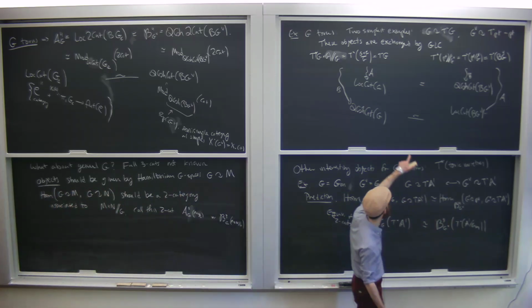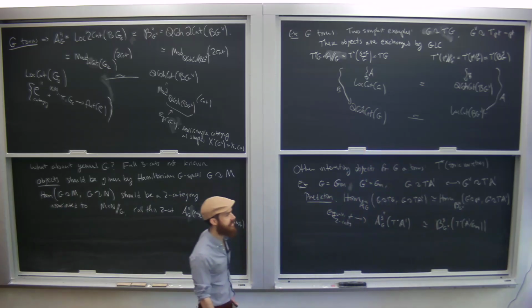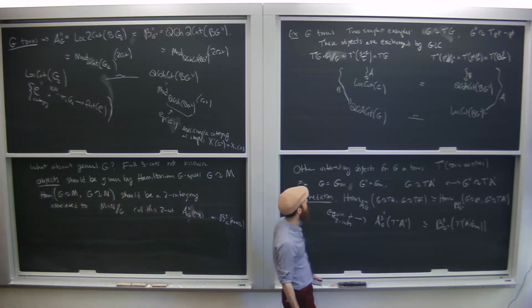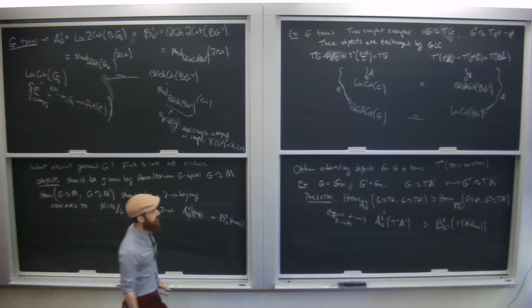Not T star A1, but T star G satisfies this, for instance. In that case, the Hamiltonian reduction of T star G has a map to T star BG.